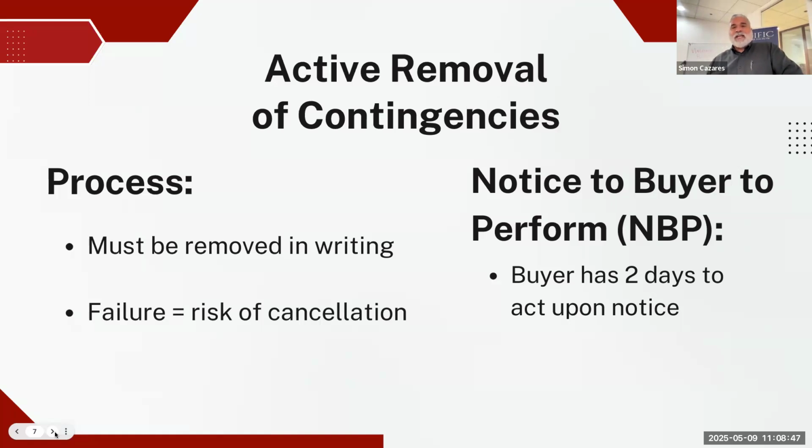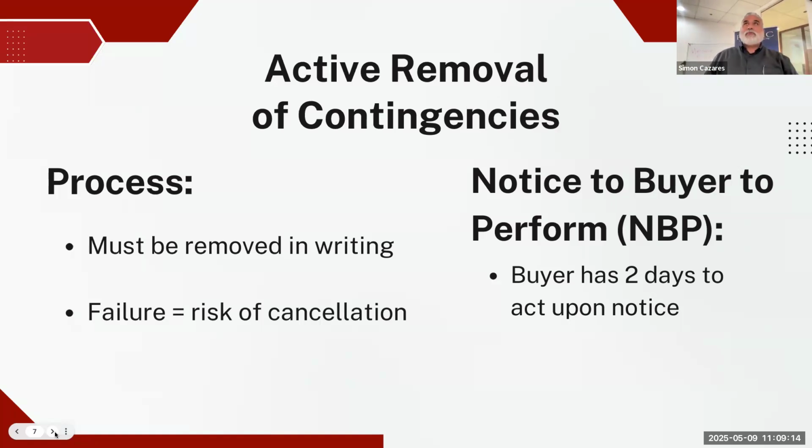Failure, risk of cancellation, notice to buyer to perform. Buyer has 2 days to act upon notice, right? So if I get a notice to perform today, is today considered one of the 2 days? No, today is considered 0 days. So anytime today will be 0 days of that 2-day period to release that as a condition or cancel.